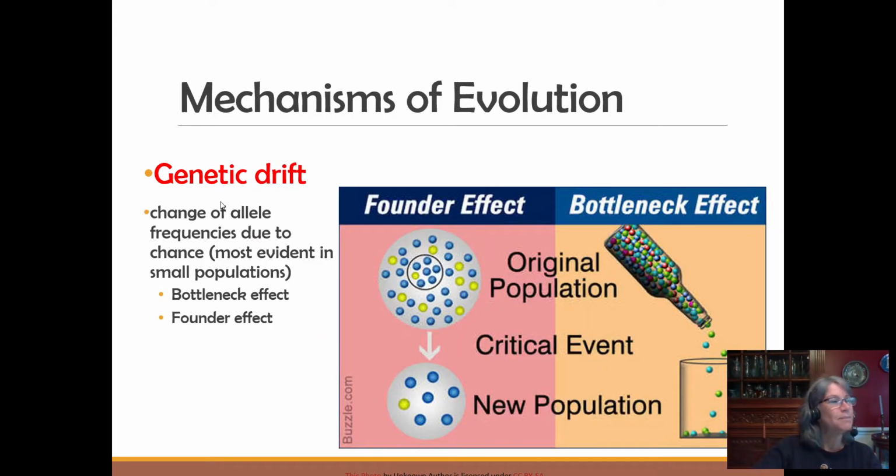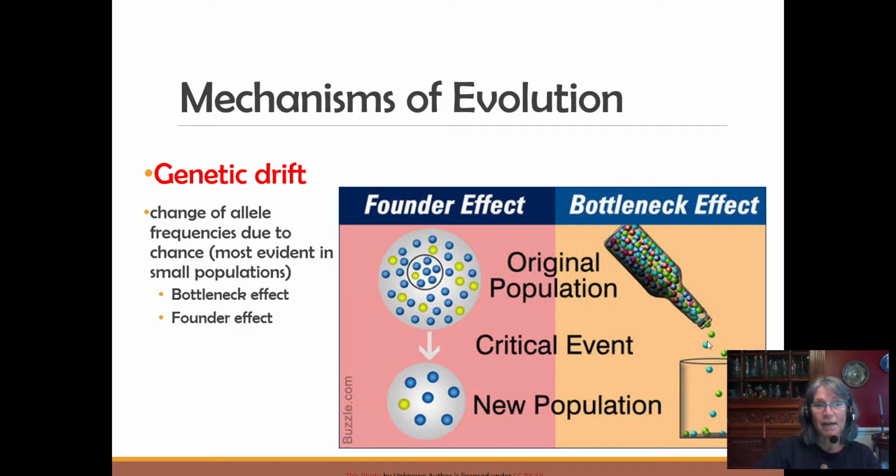Genetic drift. Genetic drift is when we have a change in allele frequency due to chance, usually some event that isolates a small portion of a population. One example would be the bottleneck effect. That would be when we have a large population with a lot of genetic variation in it, and then we kill off lots and lots.